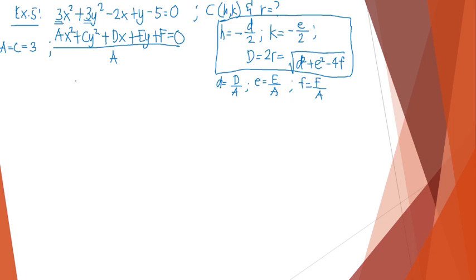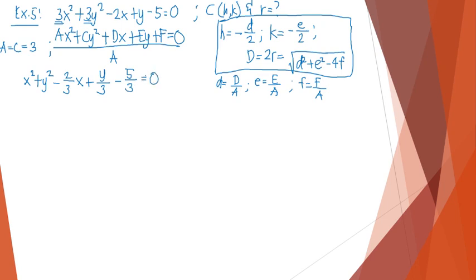So if we reduce the general equation by dividing everything by 3, we have x squared plus y squared minus 2/3 x plus y over 3 minus 5 over 3 is equal to 0.